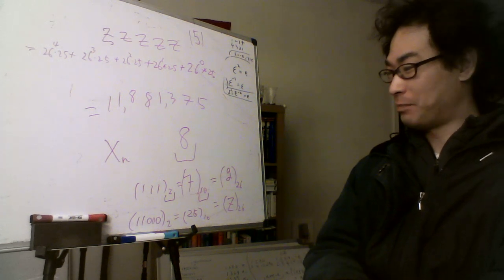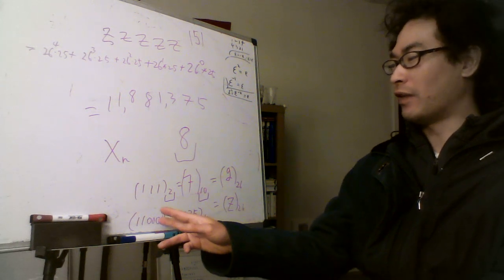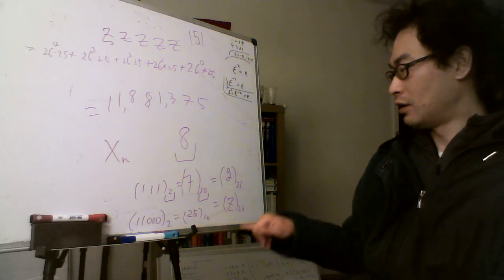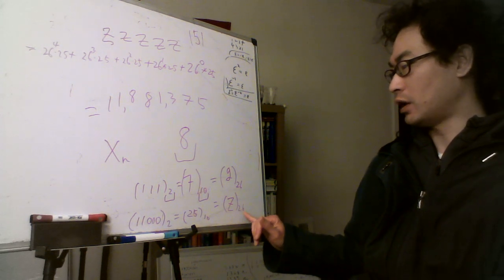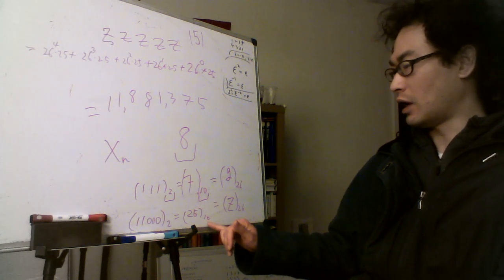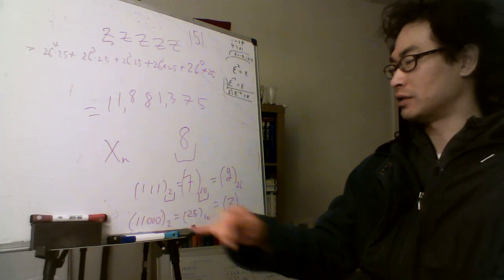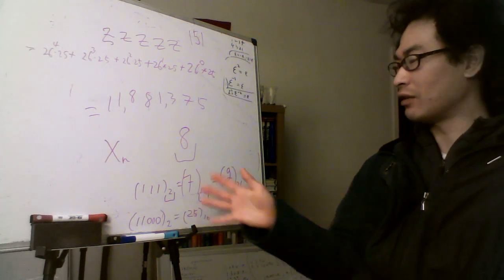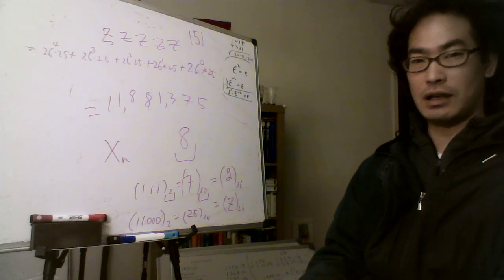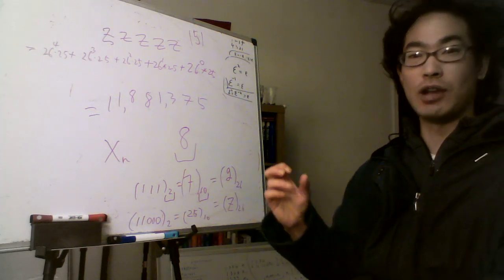But it gets very long, like 11001. Look at this. You have only one digit in base 26 system and two digits in base 10 system, and you have to use 5 digits in base 2 system. So it's kind of an inverse proportional relationship between the number of digits needed to express the same number.